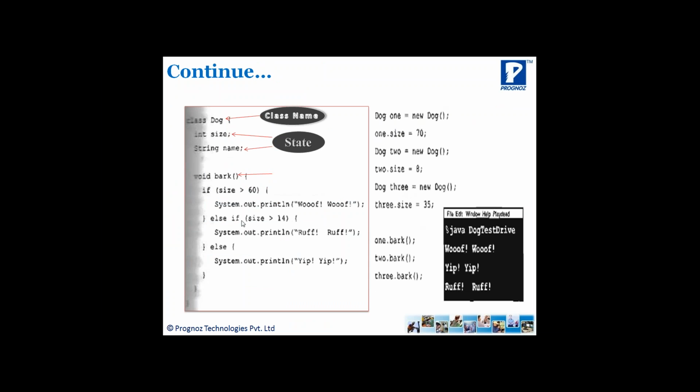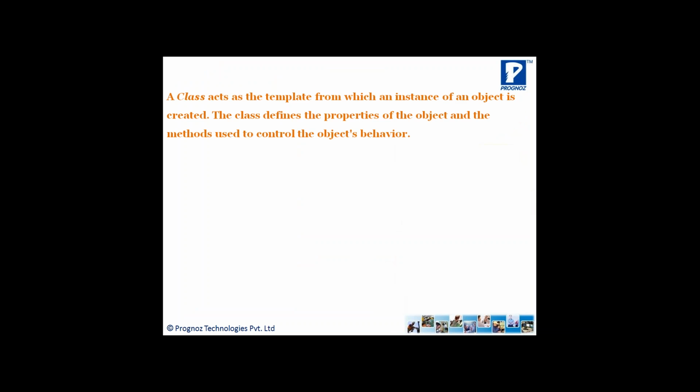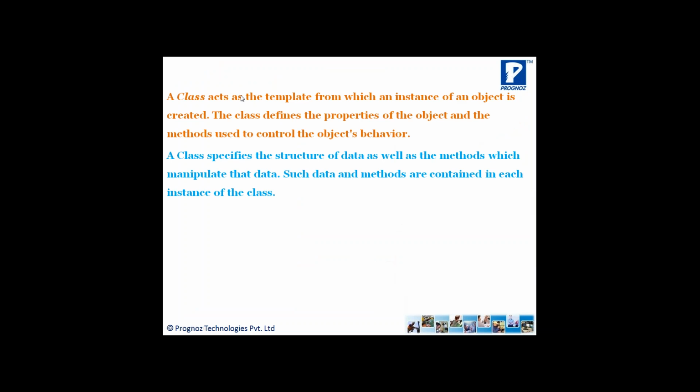And then 2.size, 3.size, and we are calling a method, the behavior, using this object. Here they are declaring a value for a variable, so I am also doing the same thing. You can see n numbers of objects are created. Again, we can say a class is a template, or the class defines the properties of the object or method.